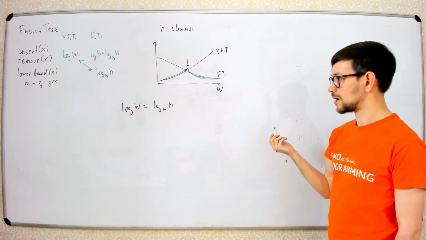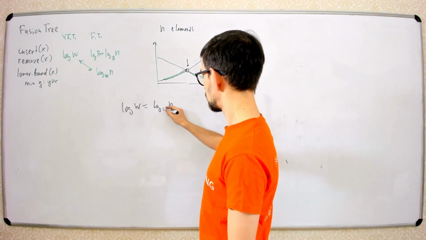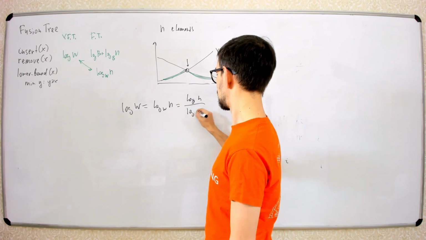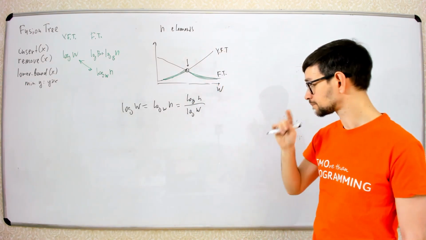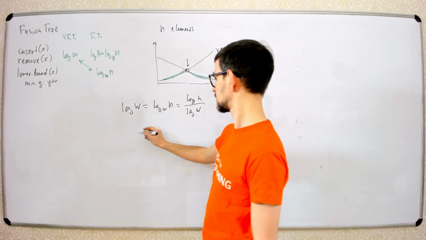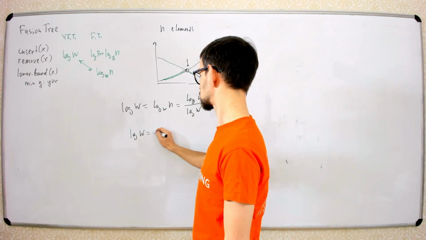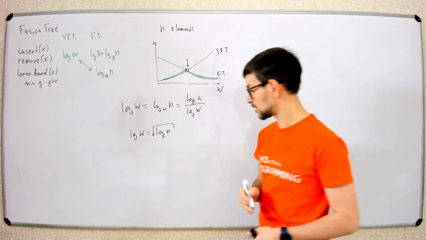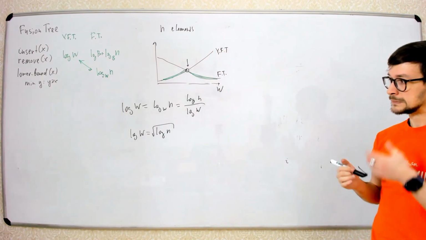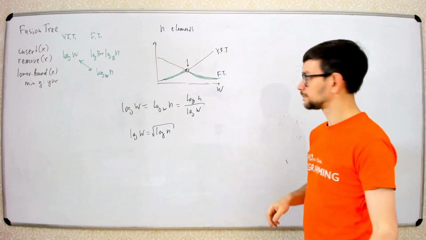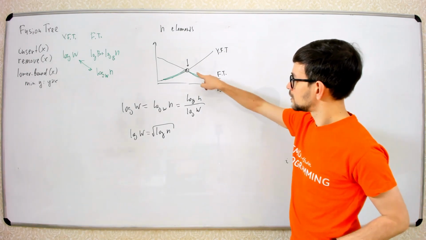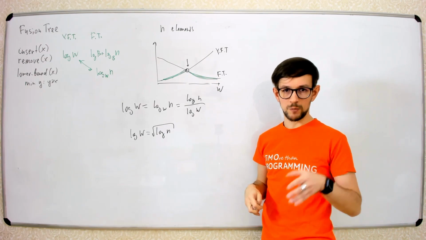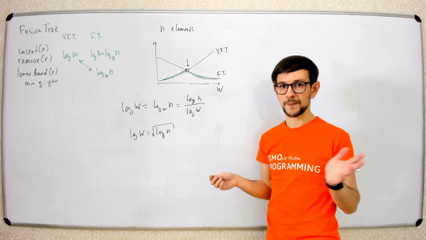Now, what is the value of W? It's easy to see. Log base W of n is just log n divided by log W, so you just move this to the left, and you see that log W is actually the square root of log n. So this is the worst possible value of W for the given size of input.